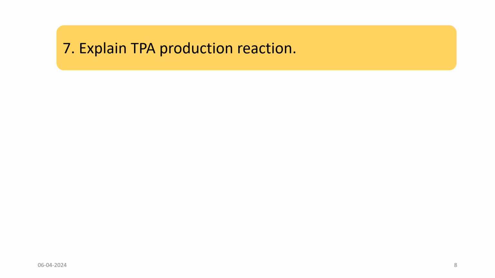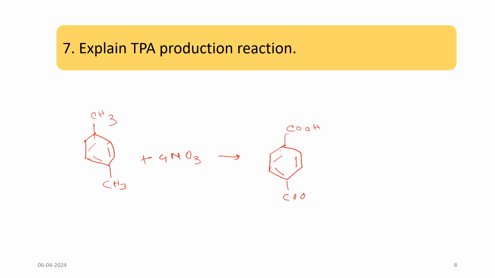So this is the process we have just learned, that paraxylene with nitric acid can produce terephthalic acid, 4 moles of water and 4 moles of nitrous oxide. This is TPA, right? So this is the process. This is an exothermic process.